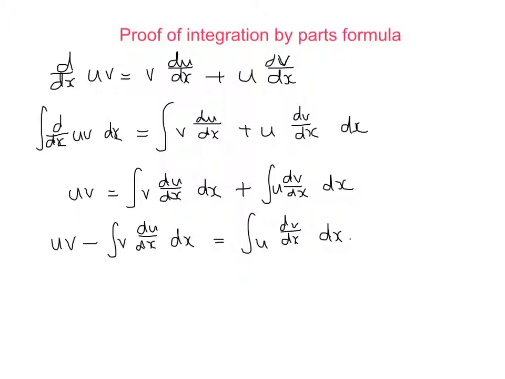In fact, I don't bother with either of the dx's because I'm extremely lazy. So I normally write integral u dv is equal to uv minus integral v du.